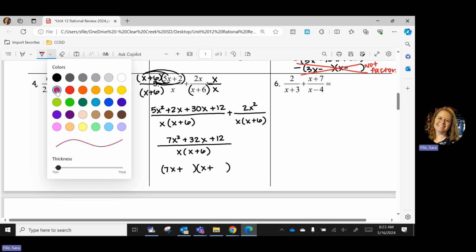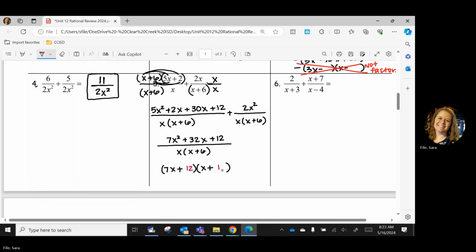Let's check. If I did 12 and 1, that would be 7 and 12. That's 19, not 32. So 7 and 1 or 12 and 1 in that order don't work. And if I tried to do 12 at the end here, 12 times 7 is way too high, right? So I know 12 and 1 are not going to work.